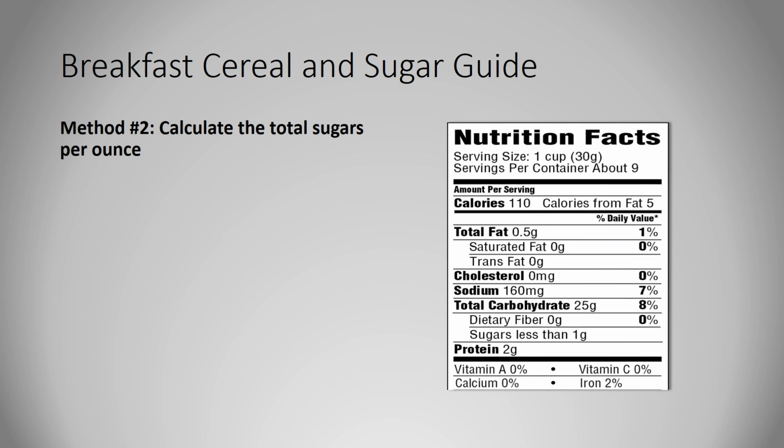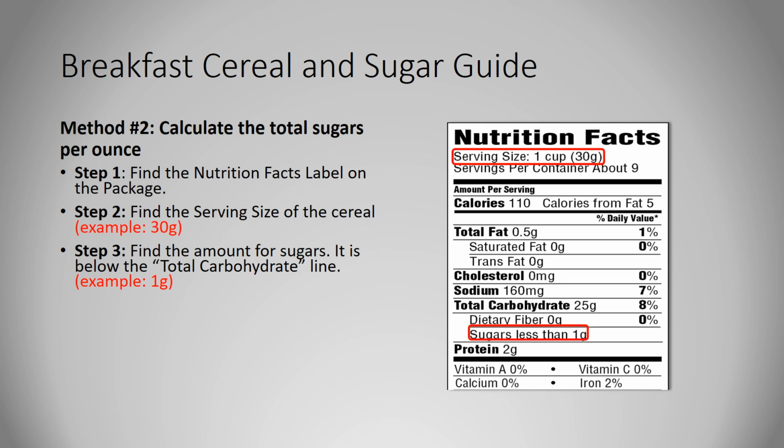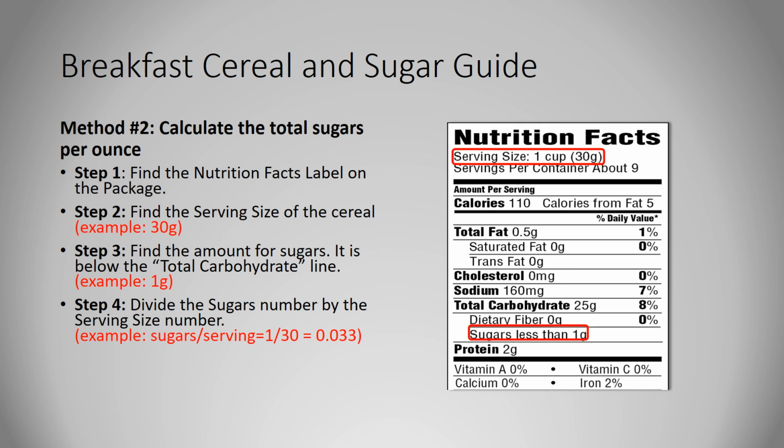For method 2, you must calculate the total sugars per ounce. Step 1, find the nutrition label on the package. Step 2, find the serving size of the cereal. Step 3, find the total amount for sugars. It is below the total carbohydrate line. Step 4, divide the sugars number by the serving size number.